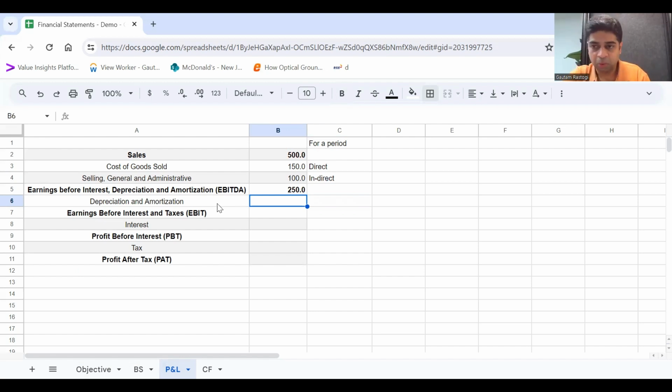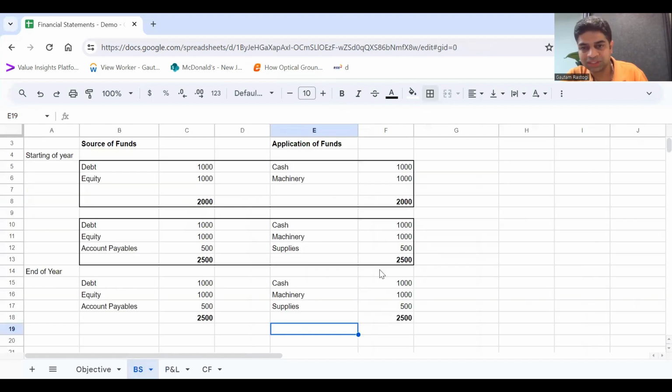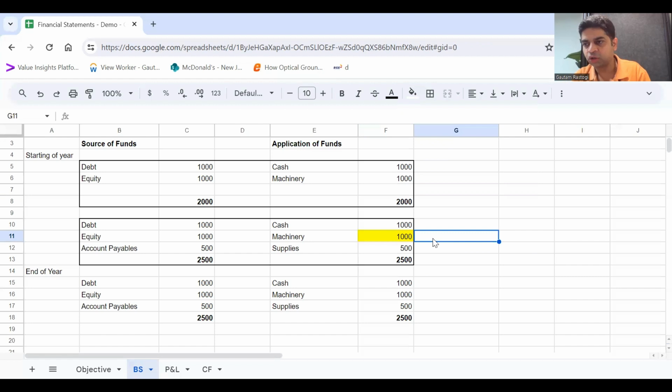Now let's talk about depreciation and amortization, because you purchased some machinery when you were starting out. So you need to depreciate that asset on your books over time. Every machinery, every asset you purchase has a useful life. It's not going to last forever. It has a finite life. So you purchased an asset of $1,000. If the useful life is 10 years, you need to depreciate it over a 10-year period.